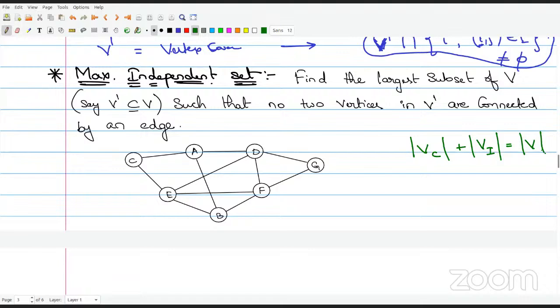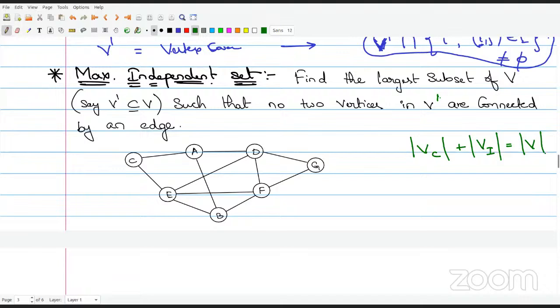What we have to do is find the largest subset V dash of V such that no two vertices in V dash are connected by an edge.